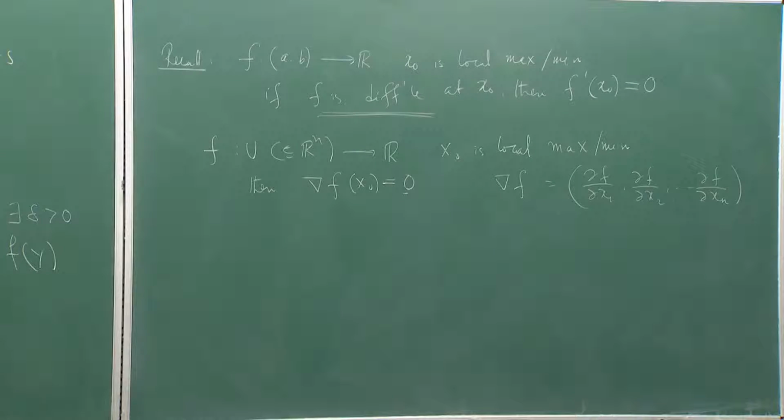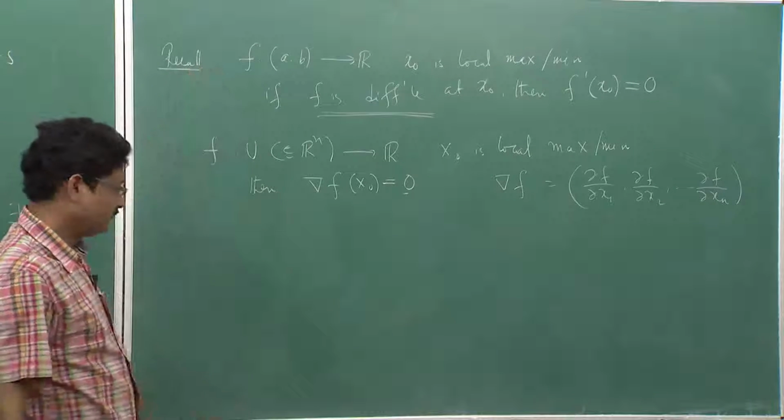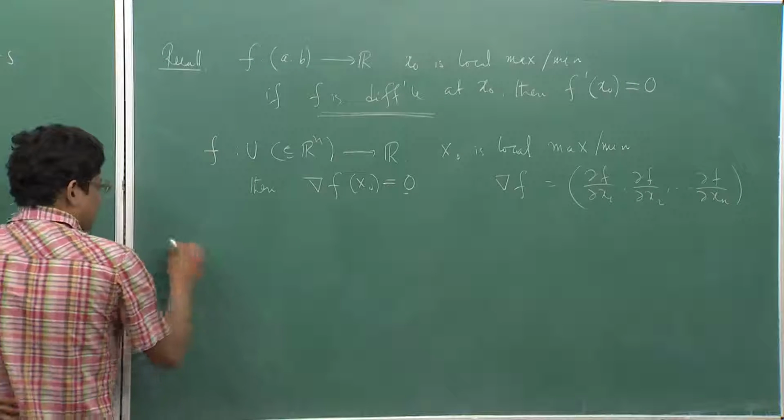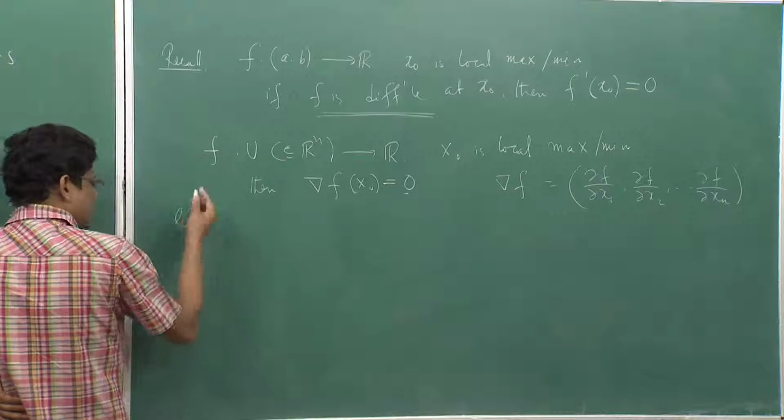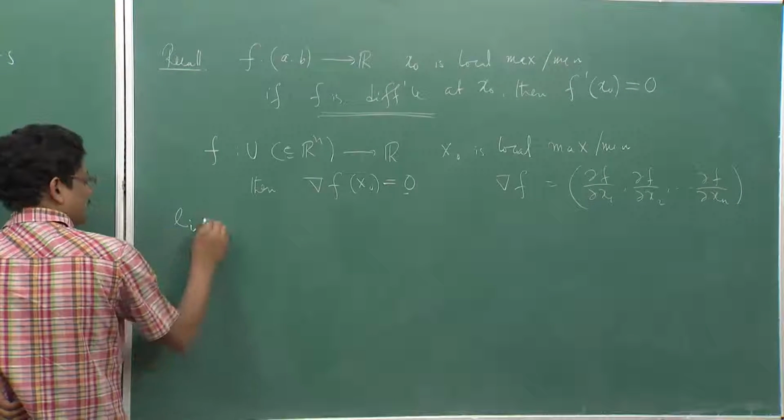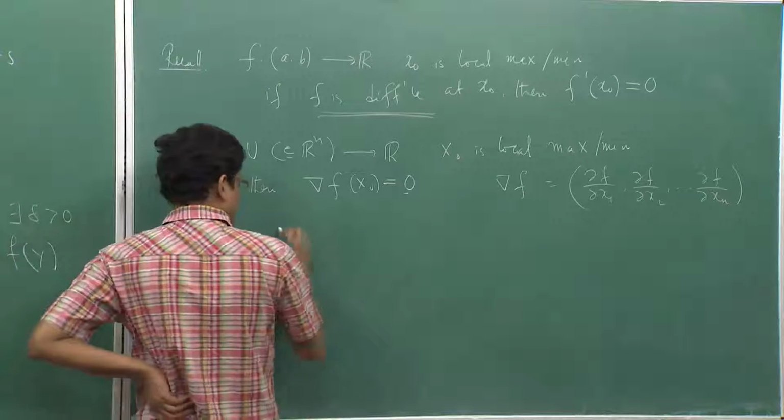How do you prove it? If I prove this one, then of course I have proved that one. Let us fix any direction e_i and look at the directional derivative.